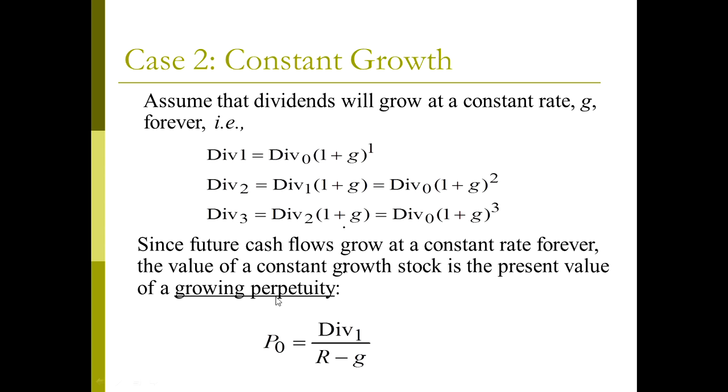If you still remember the growing perpetuity, P0 equals the next period payment, D1, divided by R minus g. Recall our growing perpetuity formula: P equals the next period payment divided by R minus the growth rate.